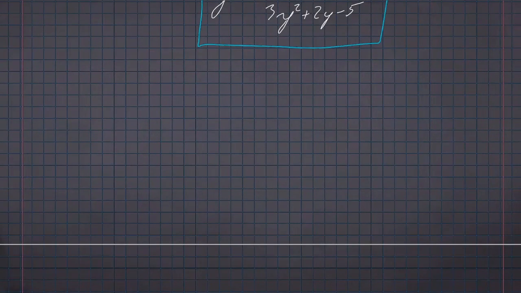Let's take a look at another equation before we get into how we want to use this. This time, let's take a look at an equation of an ellipse. Something like x squared over 25 plus y squared over 9 is equal to 1. This is, as I said, an ellipse.